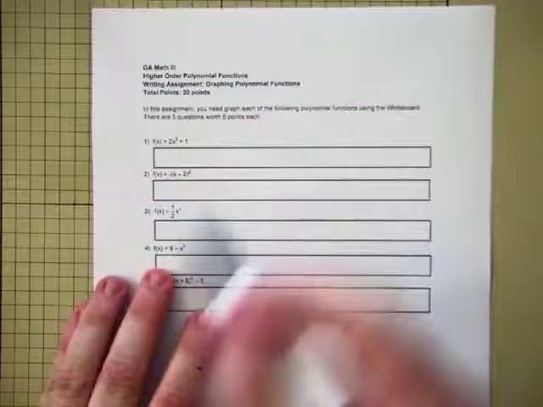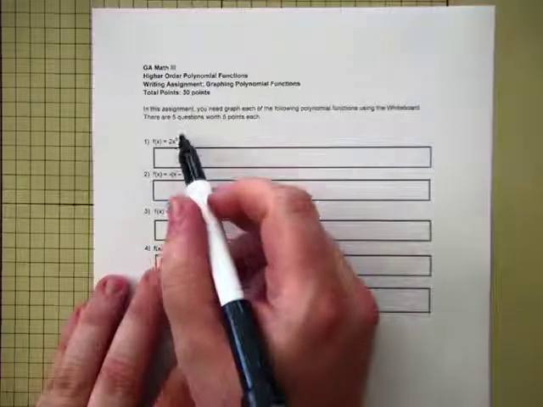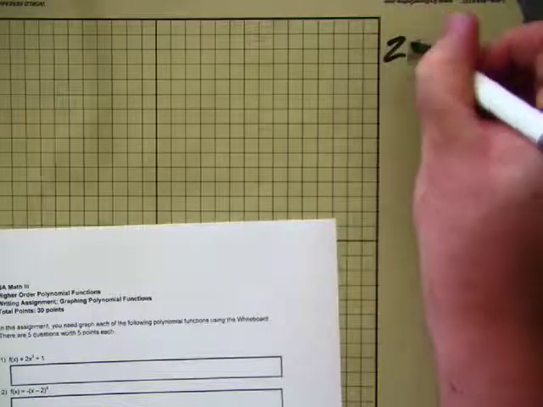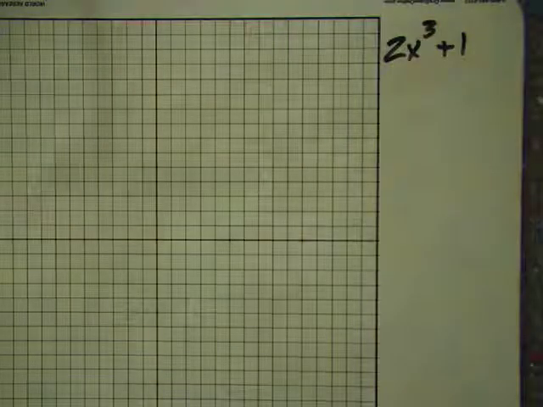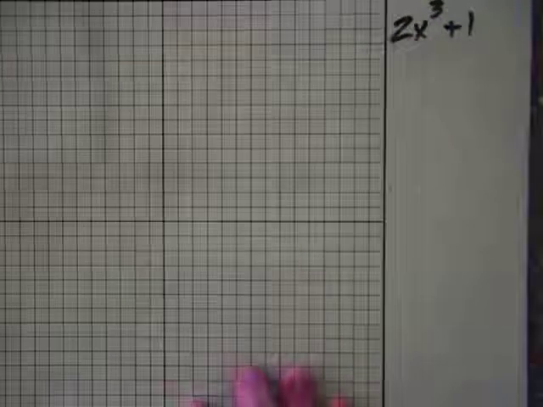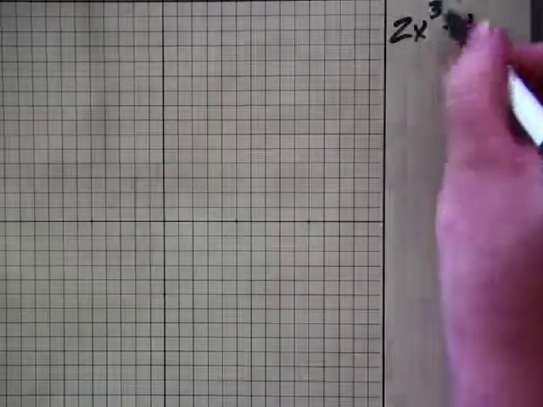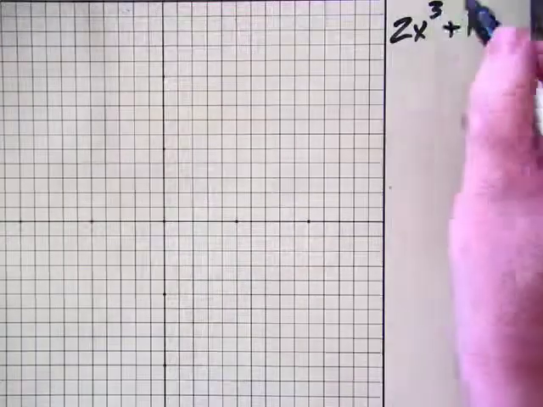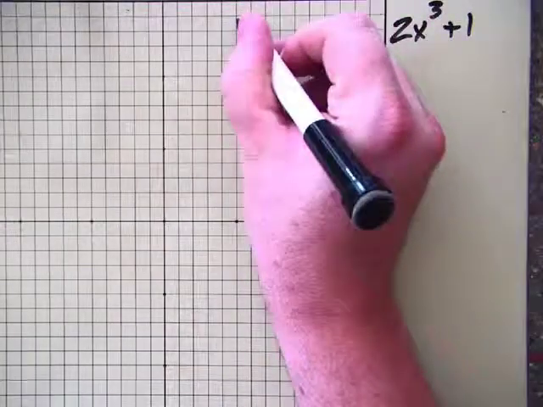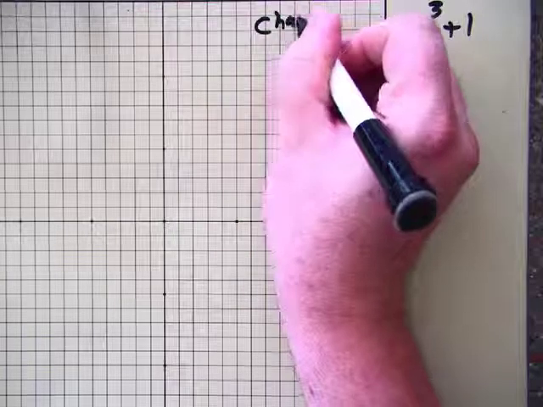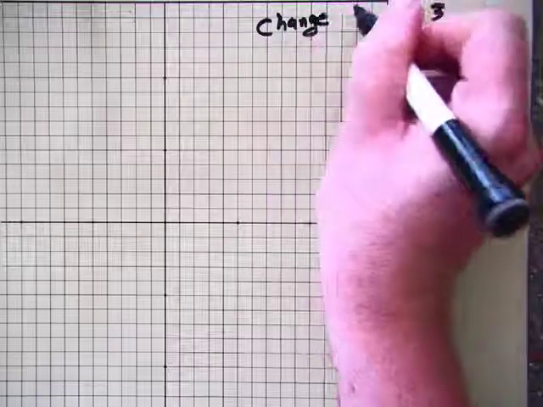We say, okay, the equation we're looking for is 2x cubed plus 1. Now with that in mind, can we decide what direction it's going to be going? Well, I know it's going to have 2 changes of direction because it's got the 3 right there. So I know that 3 means it's going to change direction twice.